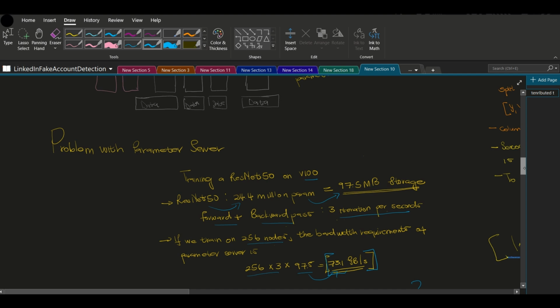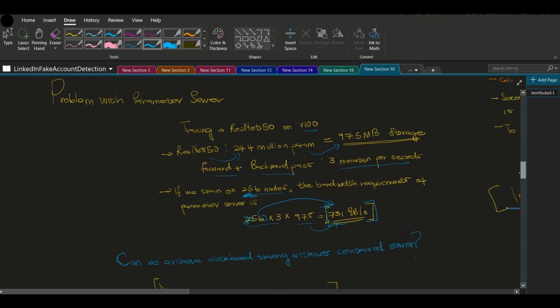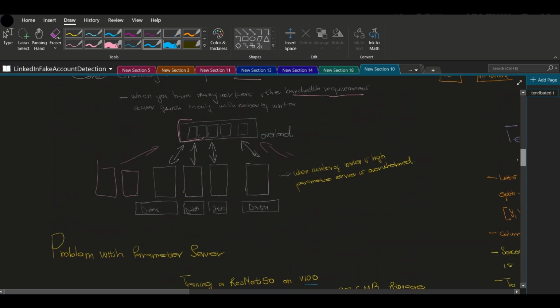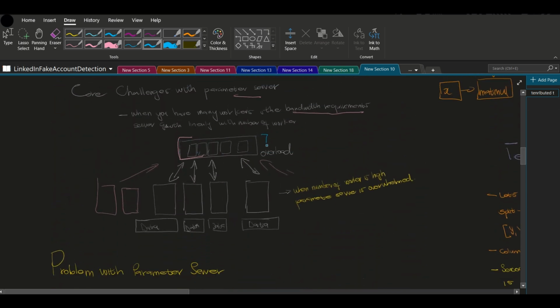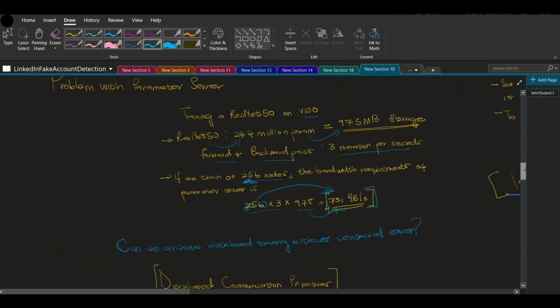And if you increase the number of nodes, like if you add 300 here, you will see that the bandwidth increases, right? So that's the point I'm raising: the parameter server essentially can be overwhelmed by the number of nodes that we have in our cluster.